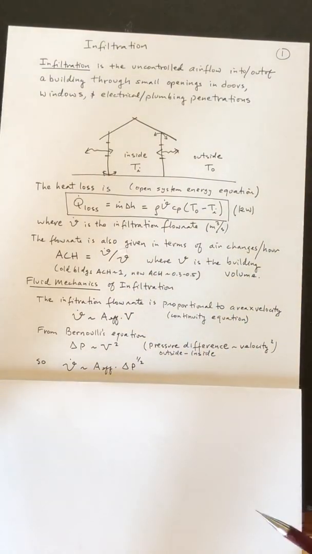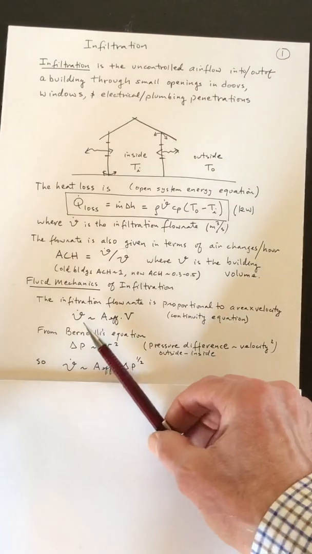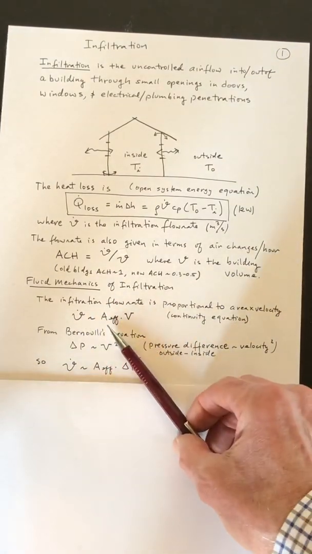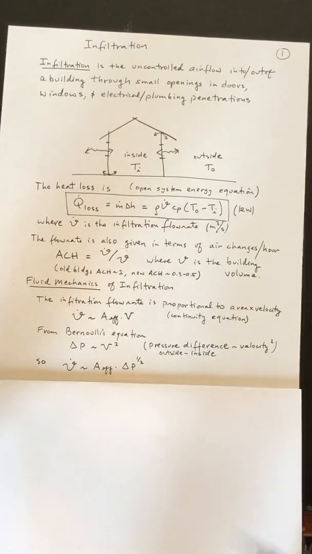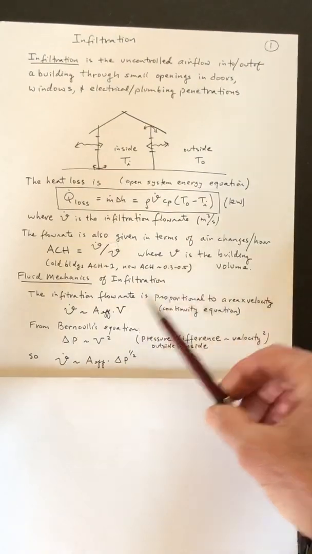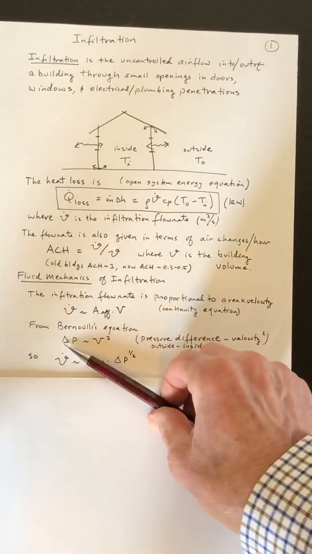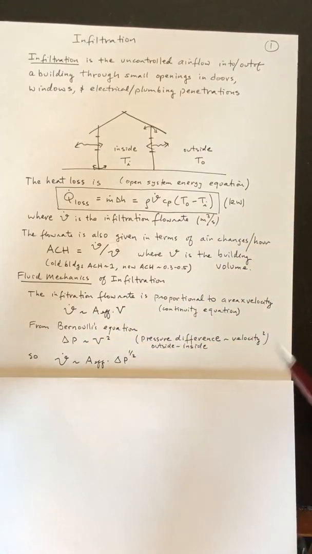You remember from fluid mechanics, the continuity equation just says that the volumetric flow rate is area times velocity. This effective area is really all the crack areas around the doors and windows. And then the velocity we can get from Bernoulli's equation. If we know the pressure difference, that will give us the velocity squared.